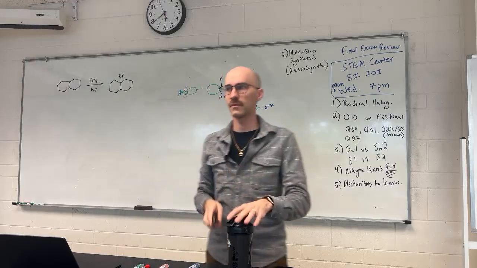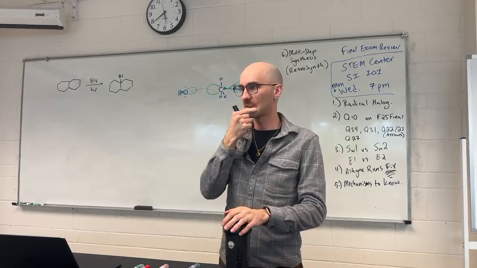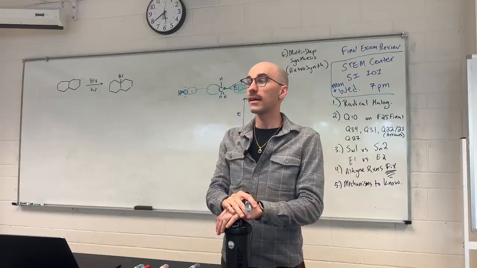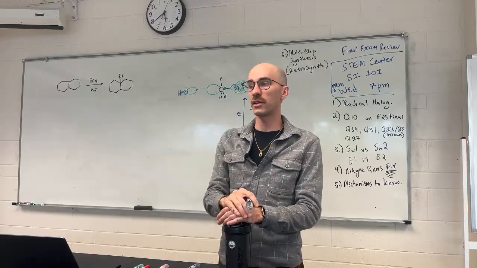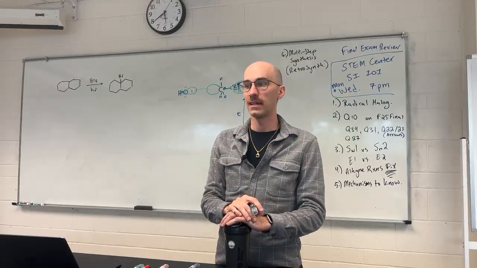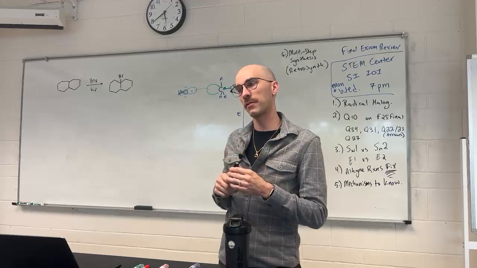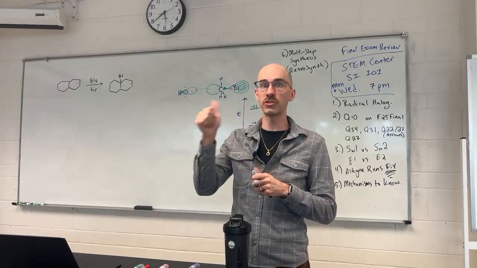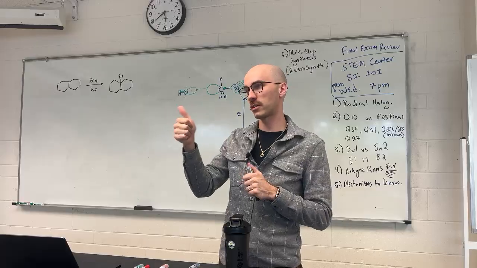Great. If we're drawing it, do you want us to show the intermediate of the radical or just go straight to the product? So this is a good question. This type of question could come up in the final in a few different ways. One, it could be a multiple choice question.